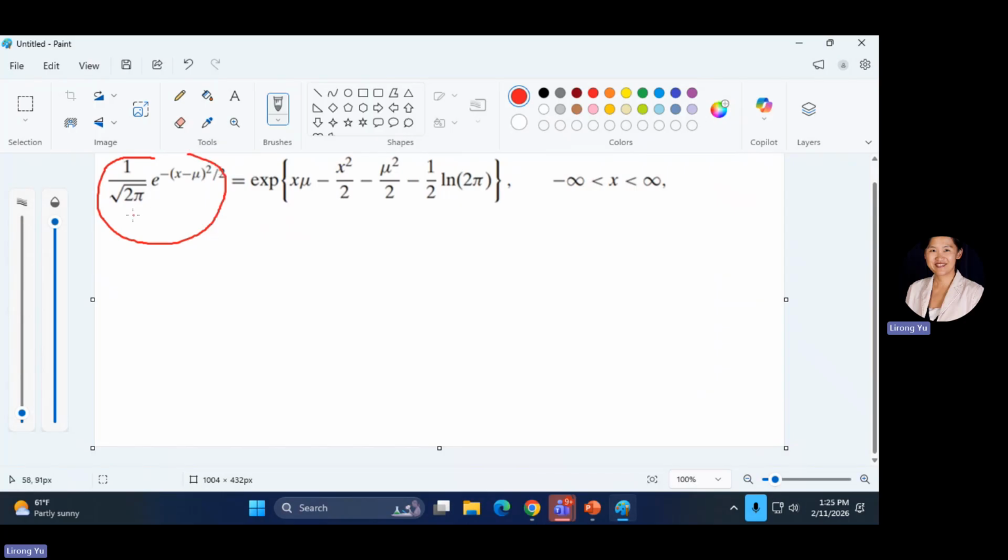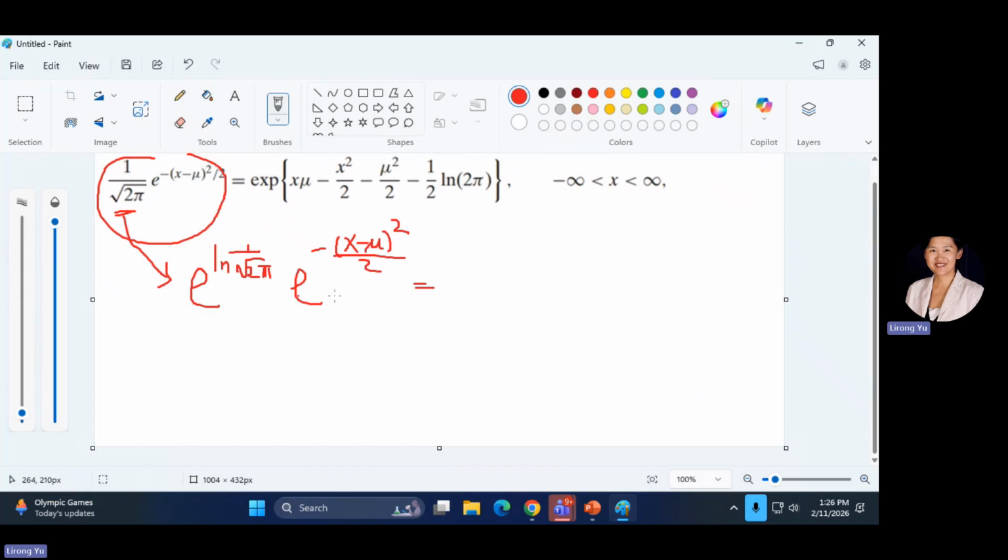So the original formatting of the normal distribution is this. The first part is not exponential, so we turn it into exponential. So you go e to the natural log of 1 over √(2 pi). The other part is already exponential, so you go e to the negative (x minus mu) squared over 2.